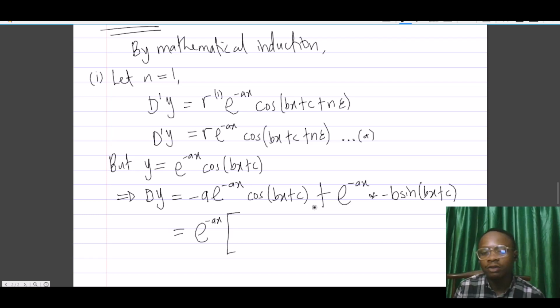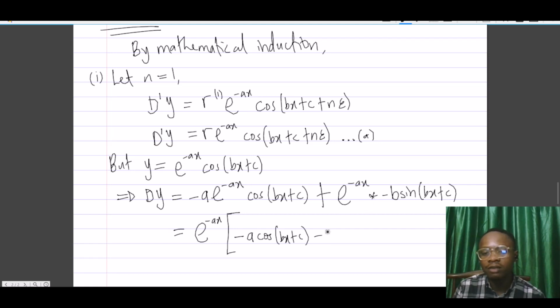That's the only thing that's common to both of them. So this one is minus a. That is, from here we have minus a left, and we have cos bx plus c. Then the next thing we have here is minus, still minus.